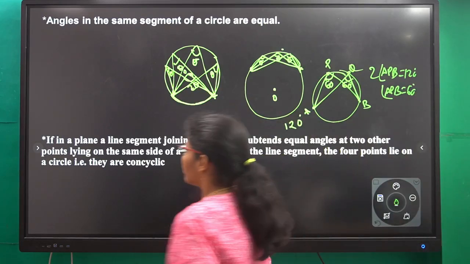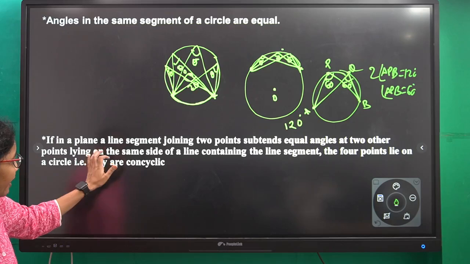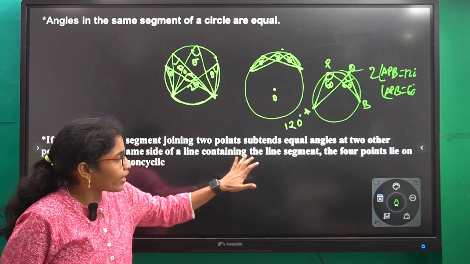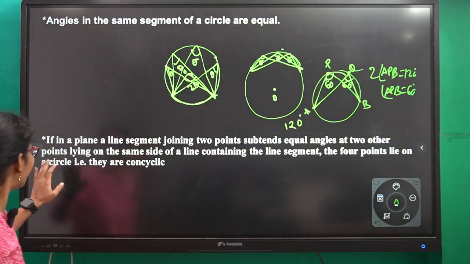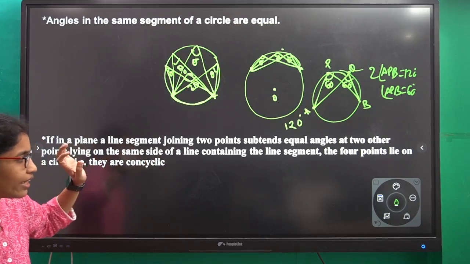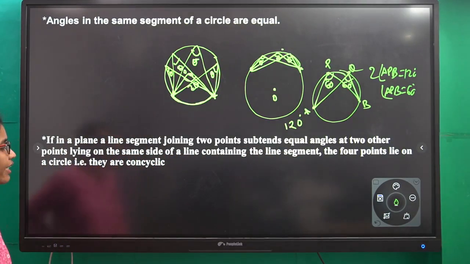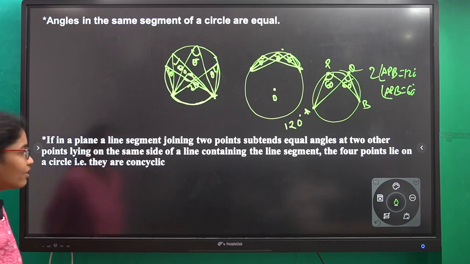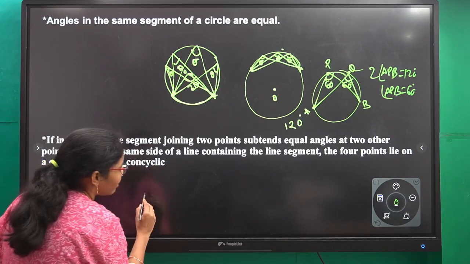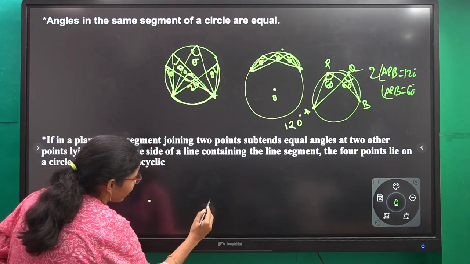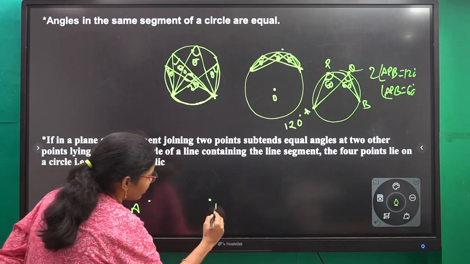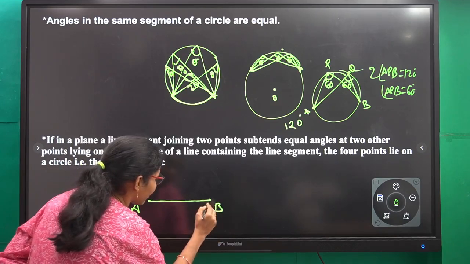Understood? Yes. If in a plane, a line segment joining 2 points subtends equal angles at 2 other points lying on the same side of the line containing the line segment, then the 4 points lie on a circle, they are concyclic. What does it mean? A line segment joining 2 points. I am taking AB as the 2 points and joining a line segment like this.